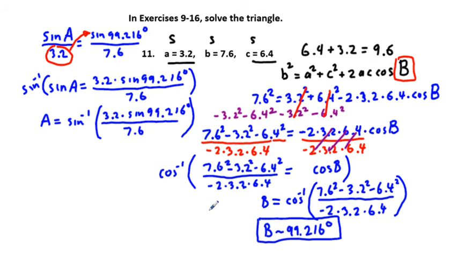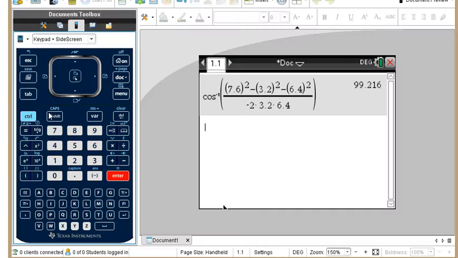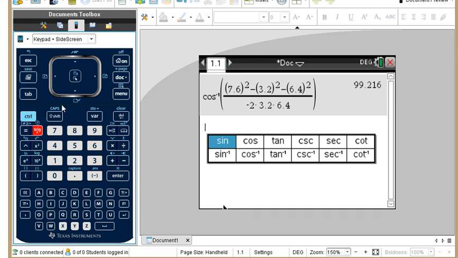And now to the calculator, we have the trig button.